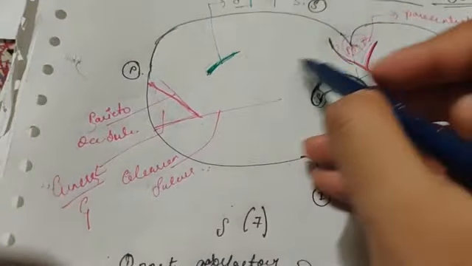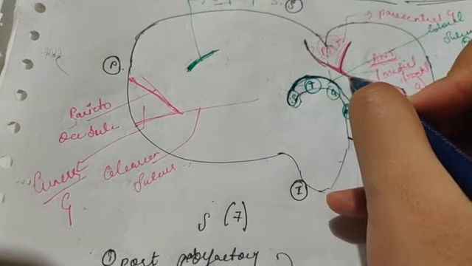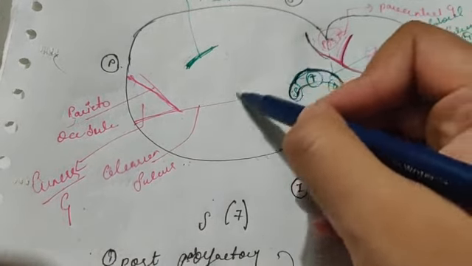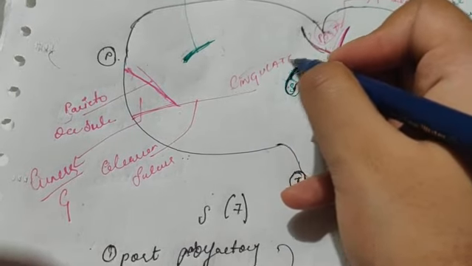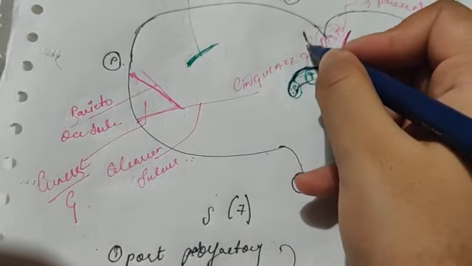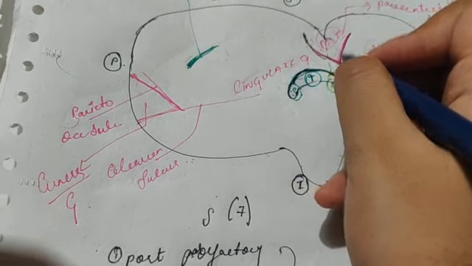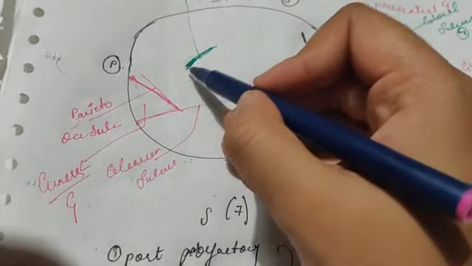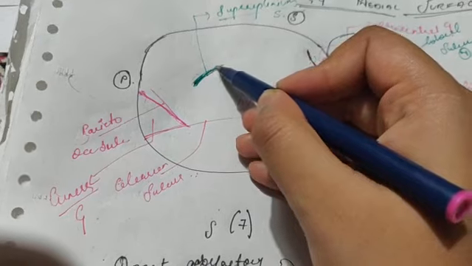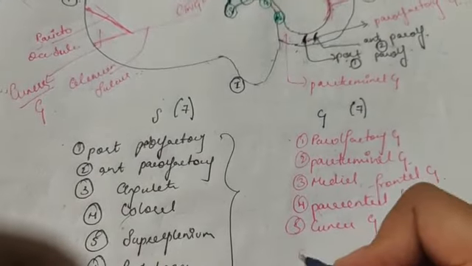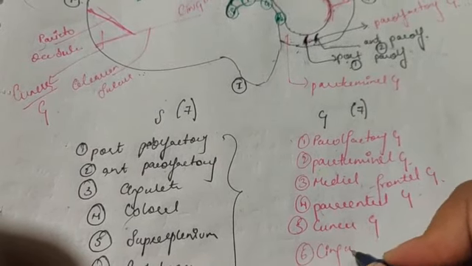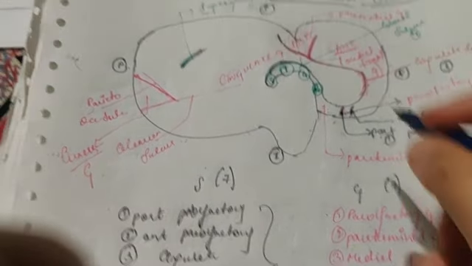Now, since the cingulate sulcus is here, this entire part, from the cingulate sulcus to the suprasplenial sulcus, is called the cingulate gyrus.